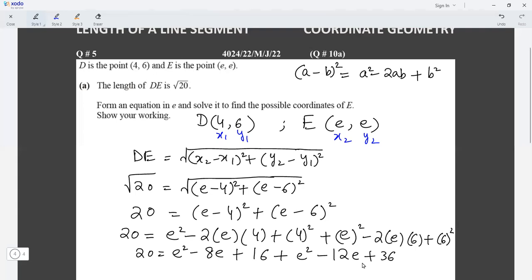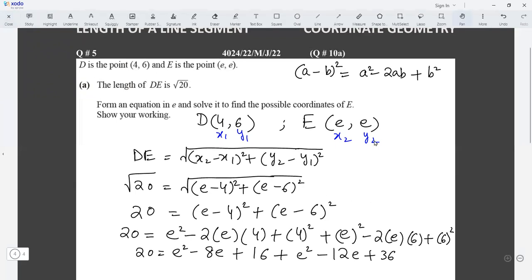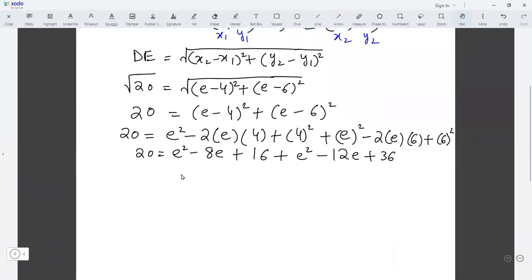So bringing all of the terms onto one side of the equation, I'm bringing that 20 to the other side and writing down 0 in front of the equation. So 0 equals e squared plus e squared, both are like terms, we can add them.